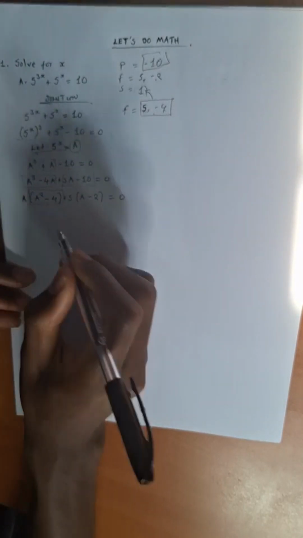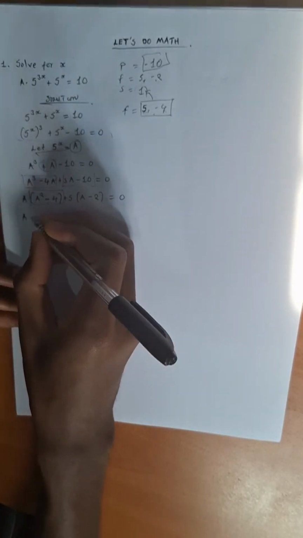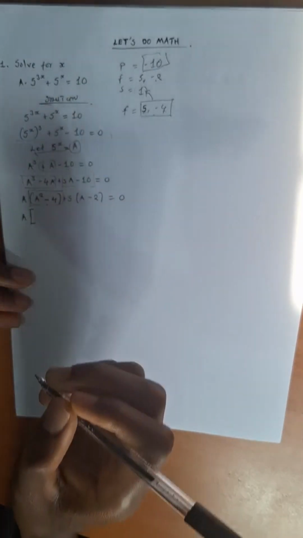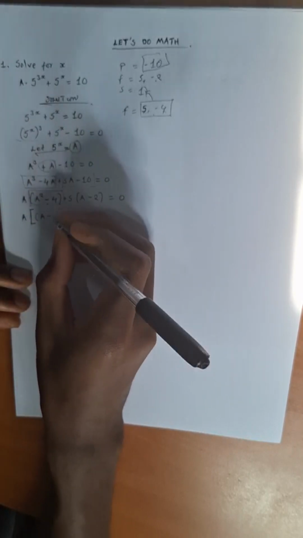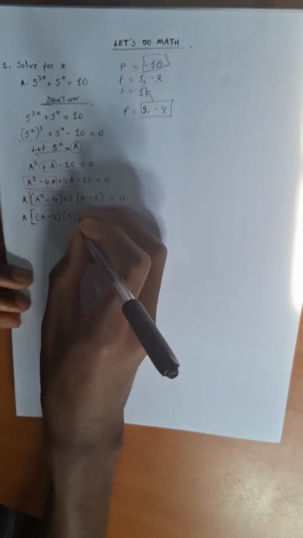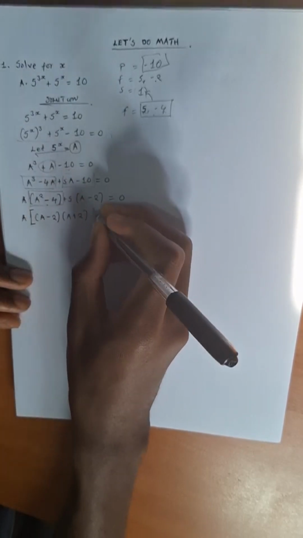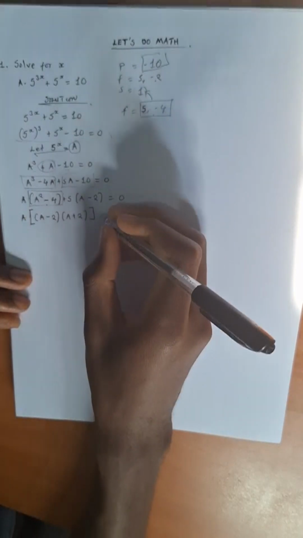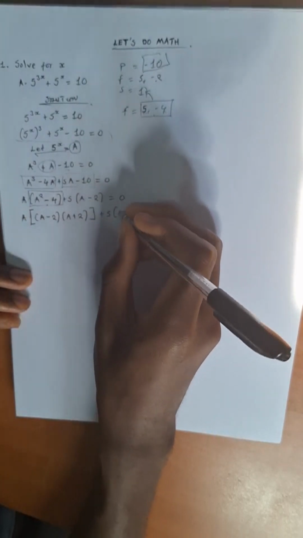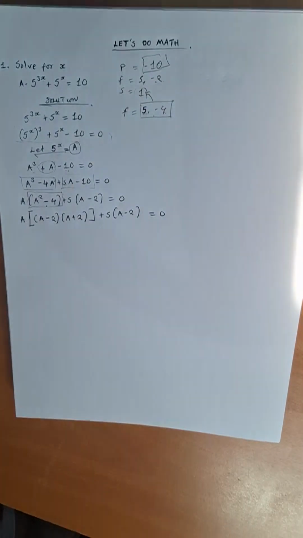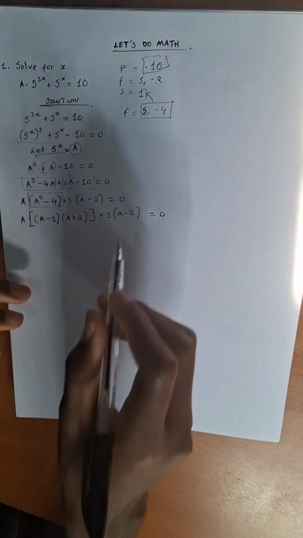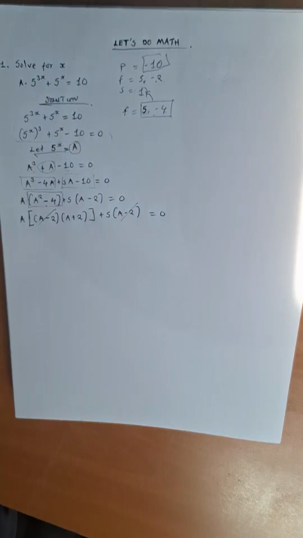As you can see, inside we have a difference of two squares. So it will be a with curly brackets, then we put a minus 2 and a plus 2, another curly brackets, plus 5. This one is already completely factorized and is equal to 0. So on this stage, we can see that this and this, they're the same, so we're going to get only 1.